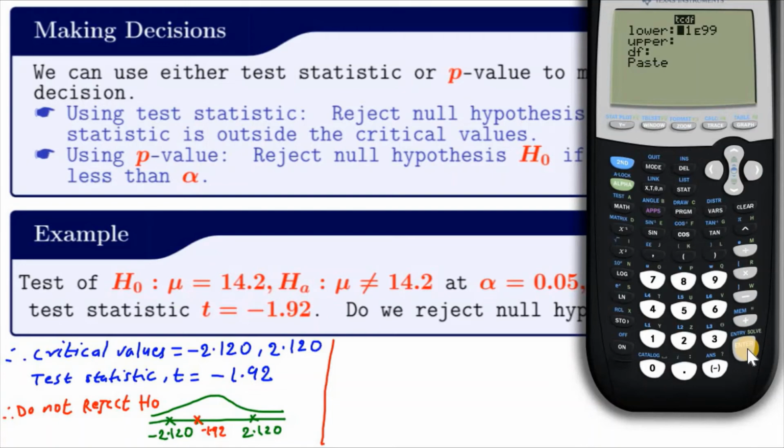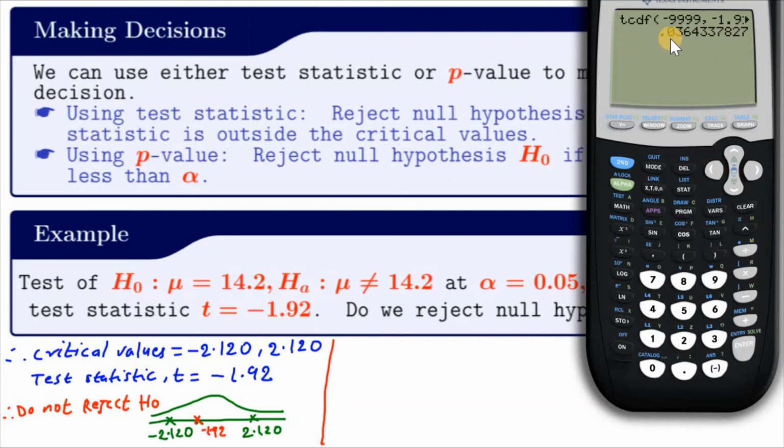So here we want to find the area below negative 1.92. So enter some large negative number like negative 999 for the lower value, and for the upper value we'll be using negative 1.92, and our degrees of freedom is 16. And hit enter.